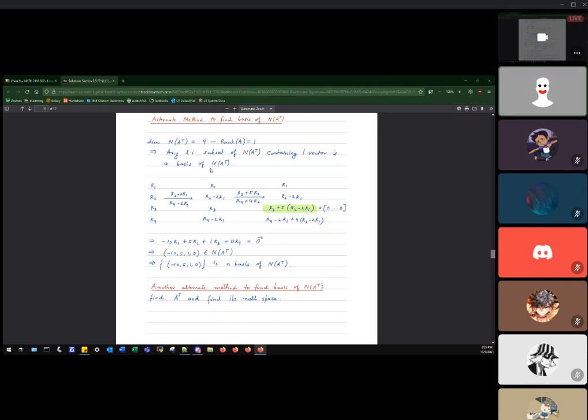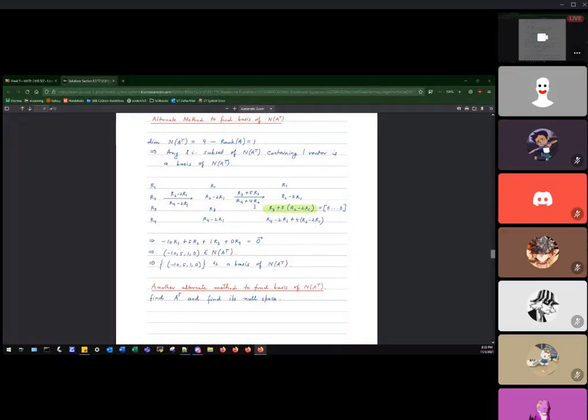You perform the row operations on the original matrix until you get to upper triangular form, or no, until just that row is zeros.